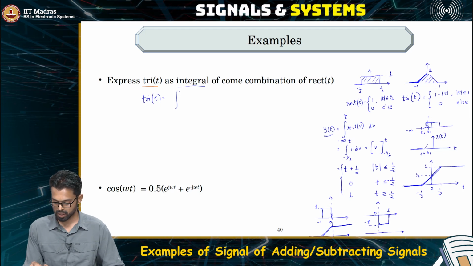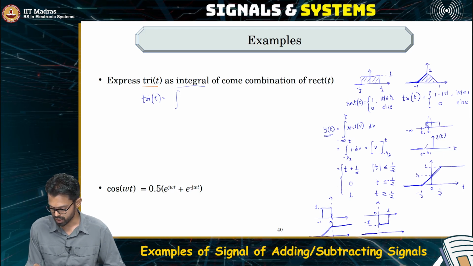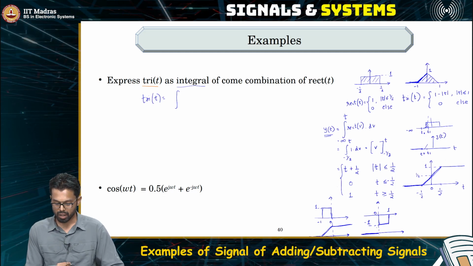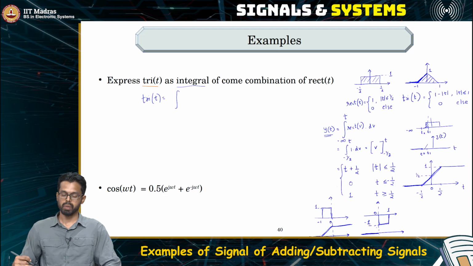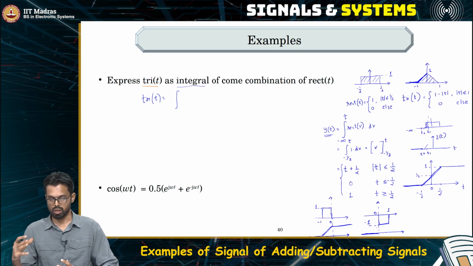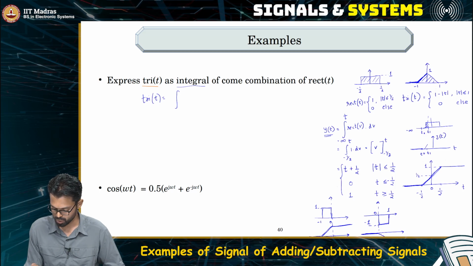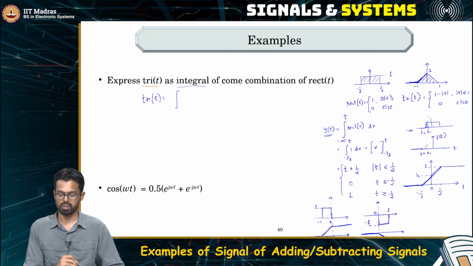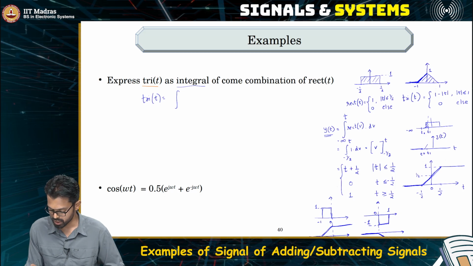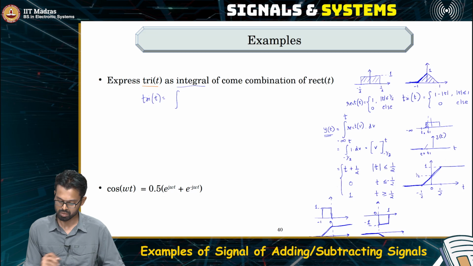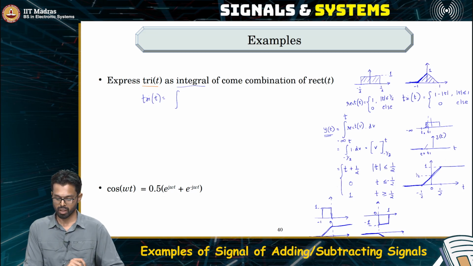Clearly till 0 there is nothing, the area is 0, but after that the area becomes non-zero, but in the negative direction. So it goes down like this, and then it remains a straight line which is minus 1.